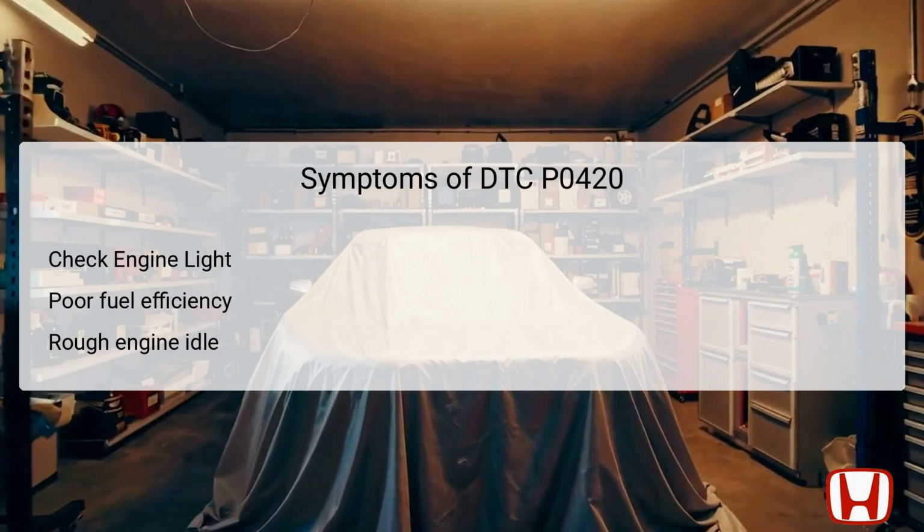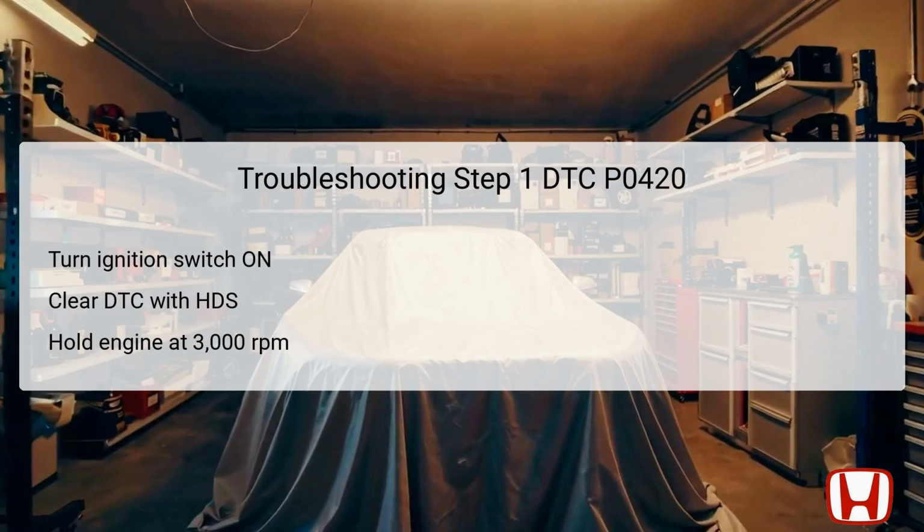Recognizing these symptoms is crucial, as they can guide the technician toward identifying and resolving the underlying issues associated with the DTC P0420 efficiently. The first step in addressing DTC P0420 involves turning the ignition switch to the on position, allowing electronic systems to initialize. Following this, the Honda Diagnostic System, HDS, tool should be used to clear the current DTCs, resetting the vehicle's computer system.